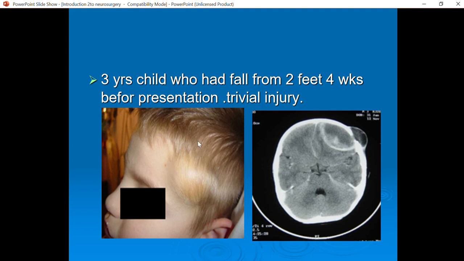After this lecture, I hope that with any picture like this, even if it looks like subgaleal hematoma or cephalhematoma, you try to put your finger over it or see it tangentially. If it is pulsating, then this is a growing skull fracture, not a subgaleal hematoma and not a cephalhematoma. Do a CT scan, which will show you this picture.